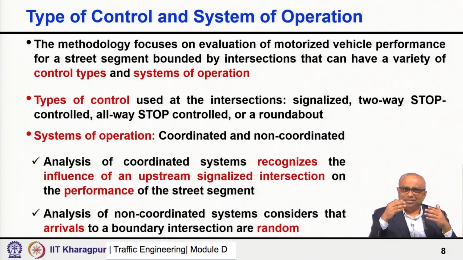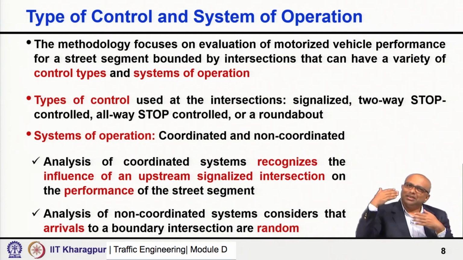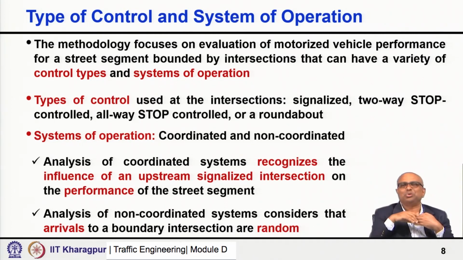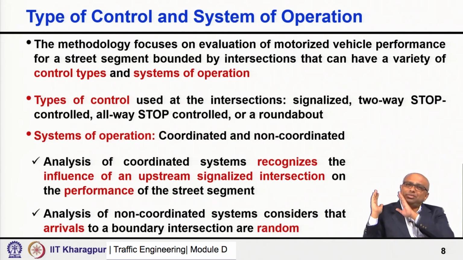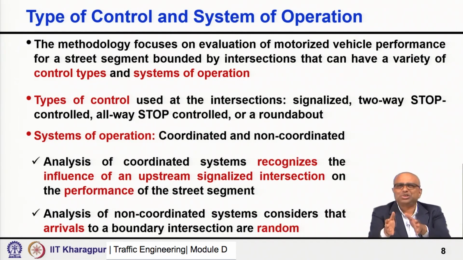So, what is attempted in a coordinated signal system is that the green times of all the signals which are coordinated are adjusted. An attempt is made so that once vehicles are released from an upstream signal, when these vehicles reach the downstream signal, it will give a green indication.